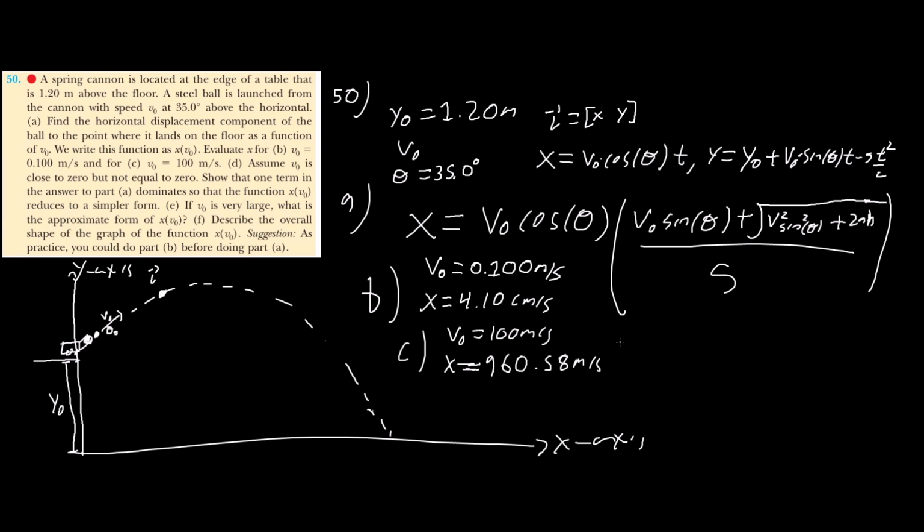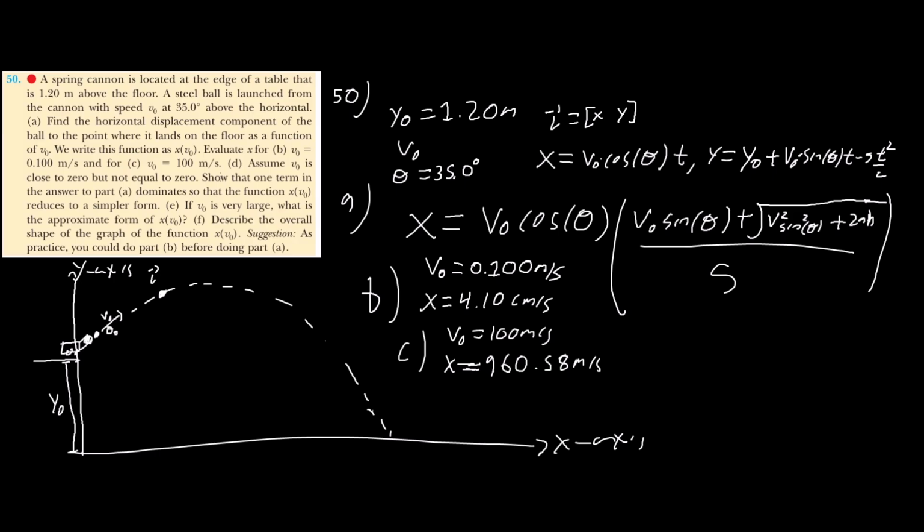I'm not going to fully answer these problems completely because I don't really want to simplify this. I don't want to evaluate this when V naught is 0. You can kind of tell if V naught is 0, then you'd be left with 2GH over G. Let me see what it's asking. We just answered part A, part B, part C. Assume that V naught is close to 0, but not equal to 0.